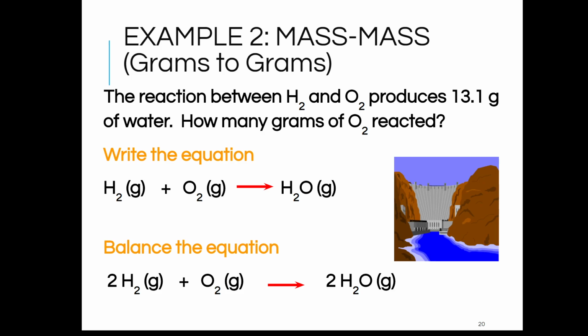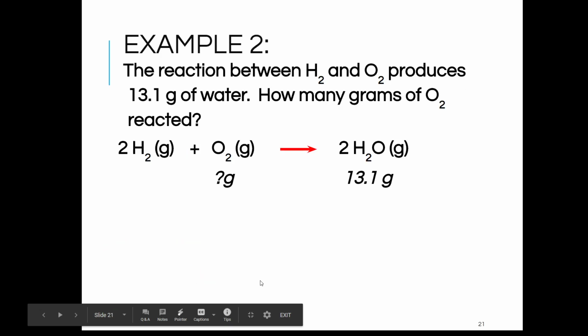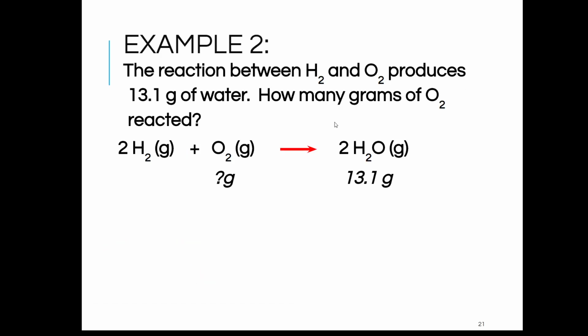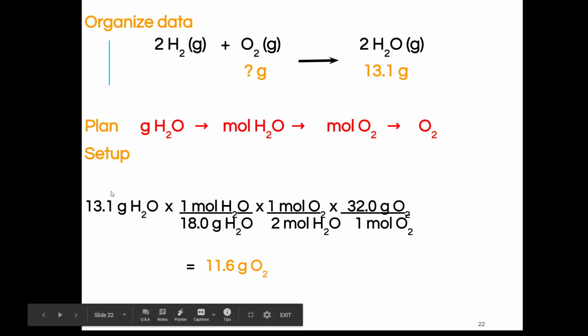The next one that we're going to do is say that we produce 13.1 grams of water. How many grams of O2 was reacted? Okay. And it's going to be the same way. We're going to start with 13.1 grams of water. We're going to use the balanced equation here.